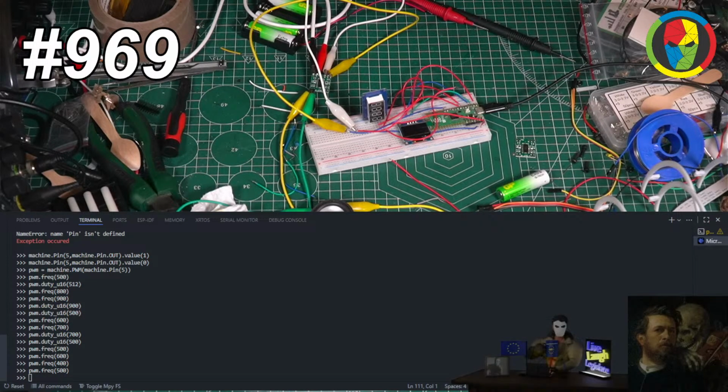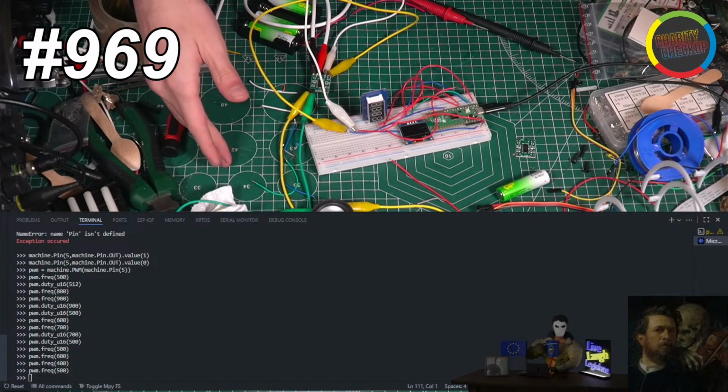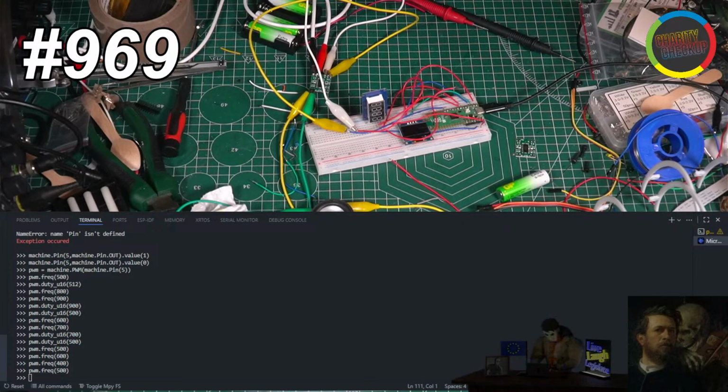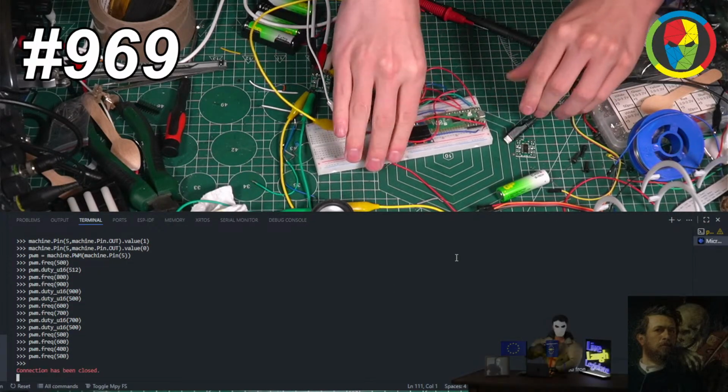Oh, let me just record it one more time. There we go. It honestly looks awful, doesn't it? This entire setup right here. Absolutely heinous looking. But it works, which is, well, more than half the battle in this case. What language is that? This is Python. This is just normal, ordinary Python. Well, MicroPython, but same difference.